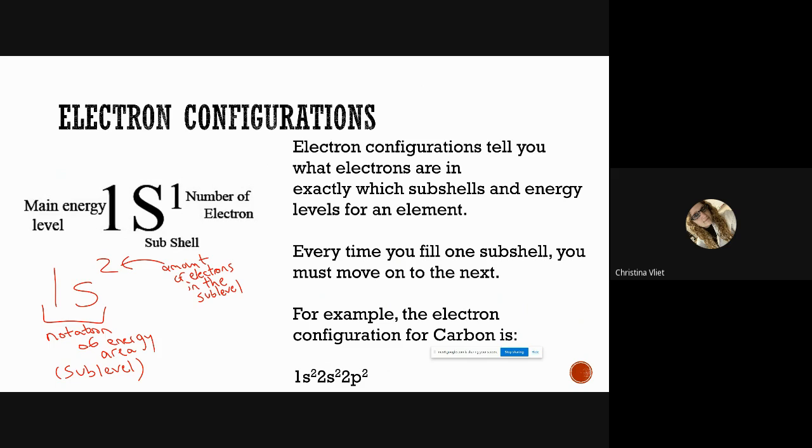What comes after 1s in order? 2s. And that fills at what number? 2. So 1s2, 2s2. And then you move to 2p, and you stop at carbon because that's the element being asked about, so you end at 2p2. That's how you get the electron configuration for carbon: 1s2 2s2 2p2.